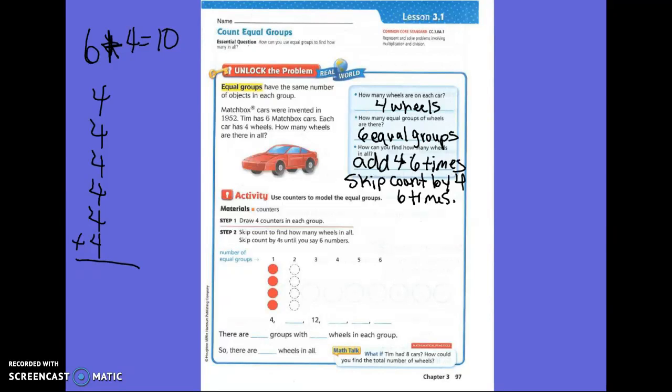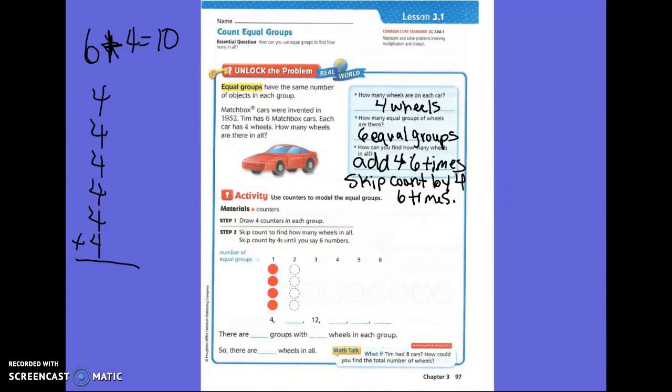So now they want us to do the activity using counters. We're going to draw 4 counters in each group. You have 6 groups, and count by 4s until you say 6 numbers. So first let's just draw all the counters in. They have 1, 2, 3, 4 for 1 car.